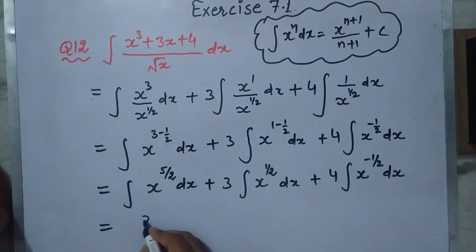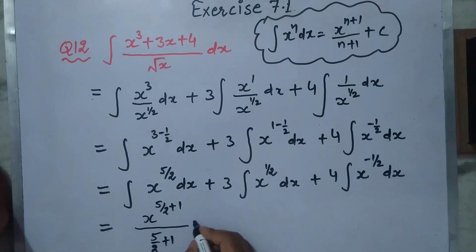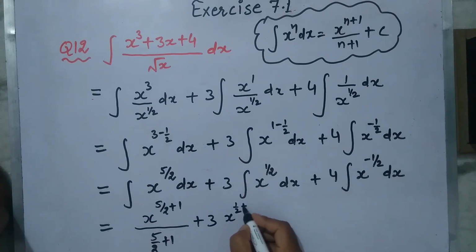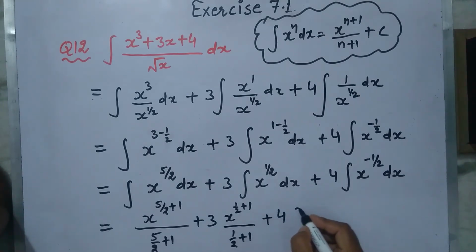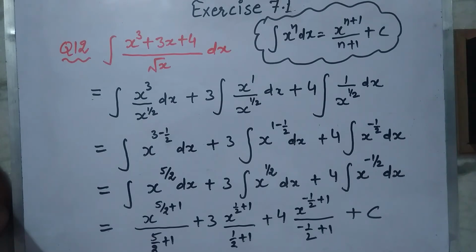Here we have x raised to power 5 upon 2 plus 1 upon 5 upon 2 plus 1, plus 3 times x raised to power 1 by 2 plus 1 upon 1 by 2 plus 1, plus 4 into x raised to power minus 1 by 2 plus 1 upon minus 1 by 2 plus 1, plus c. So this is the final answer.